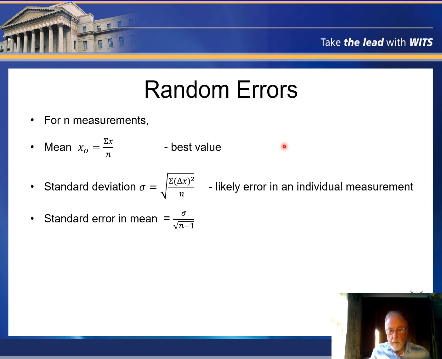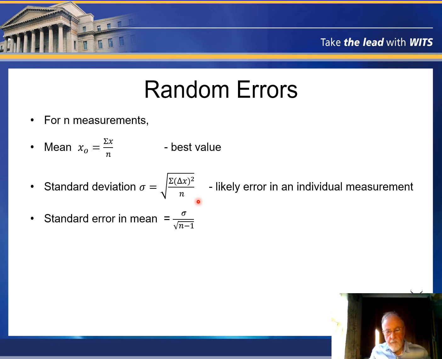We can use the mean as the best value and the value that we present in our write-up or whatever it is. The quantity standard deviation, related to the width of the curve, does a similar sort of thing, adding up the squares of the errors and dividing by the number of measurements and taking the square root.